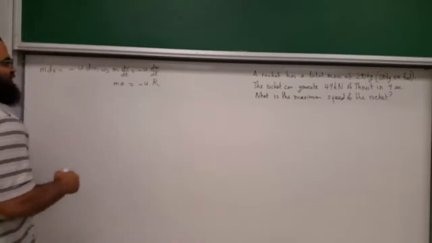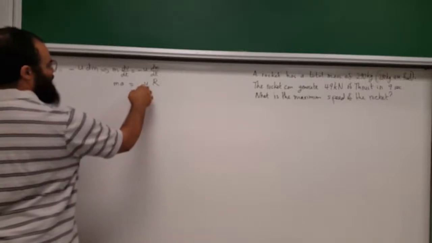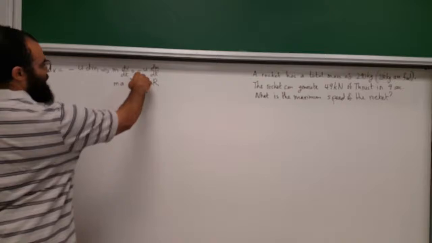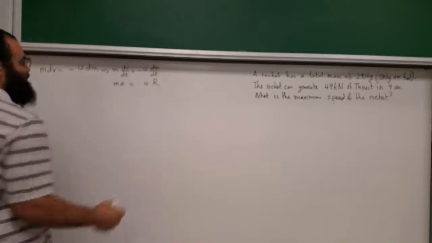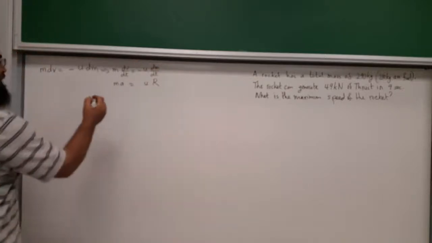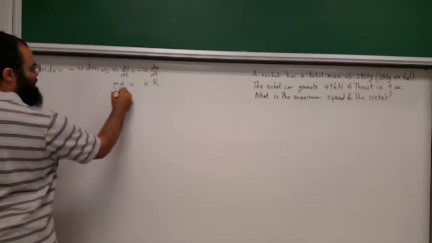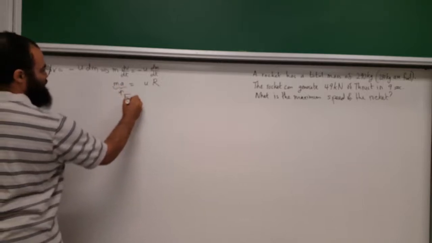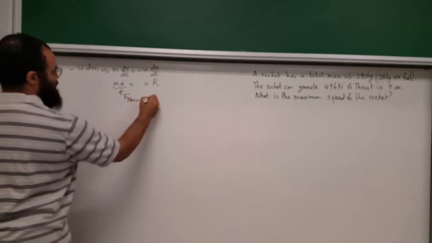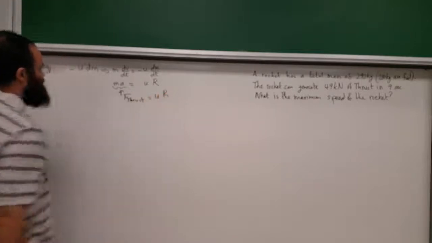This is the rate at which it loses fuel. And actually there is no more minus sign because it's just the absolute value here. This is the thrust, the force of the thrust, equal to u times r.